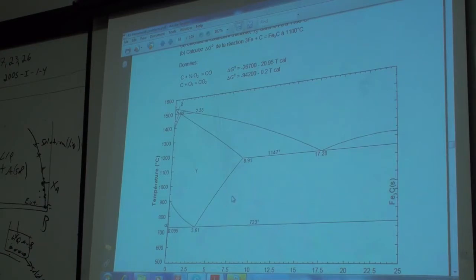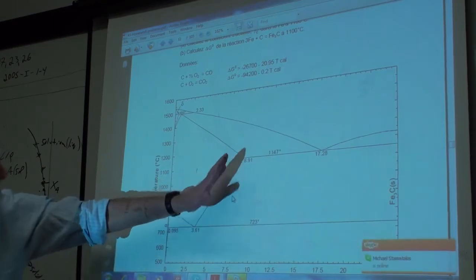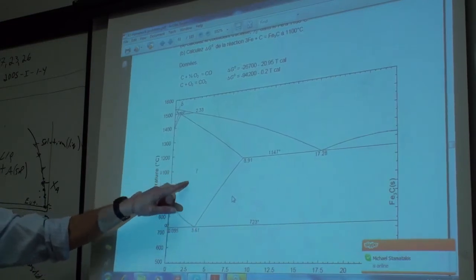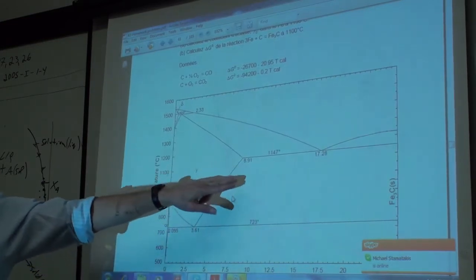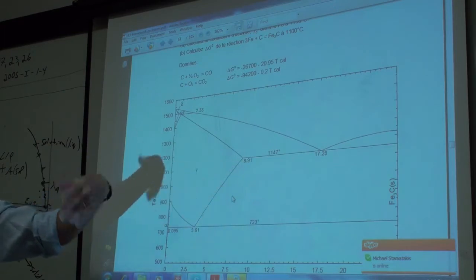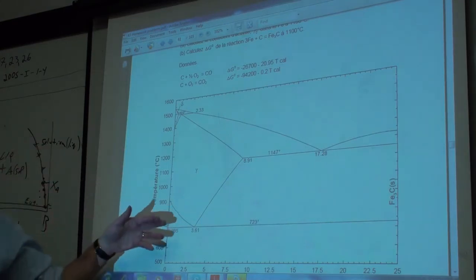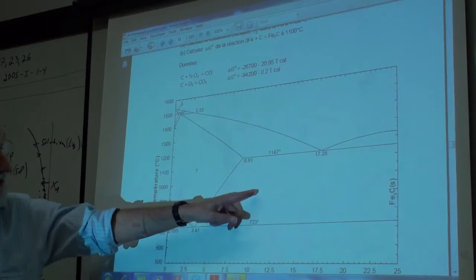The actual equilibrium phase diagram line is just slightly to the left of this, and that's the equilibrium of iron gamma with graphite. But since precipitation of graphite is kinetically hindered, unless you take certain measures, you end up with the gamma plus Fe3C.